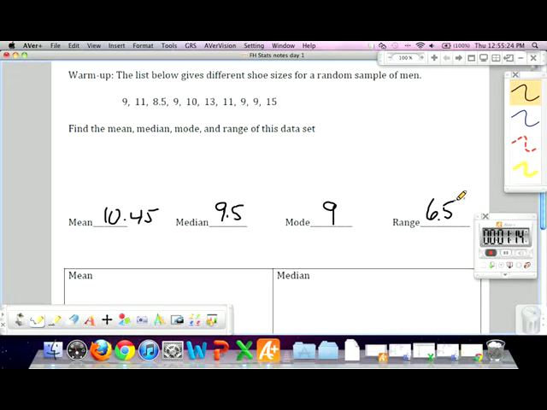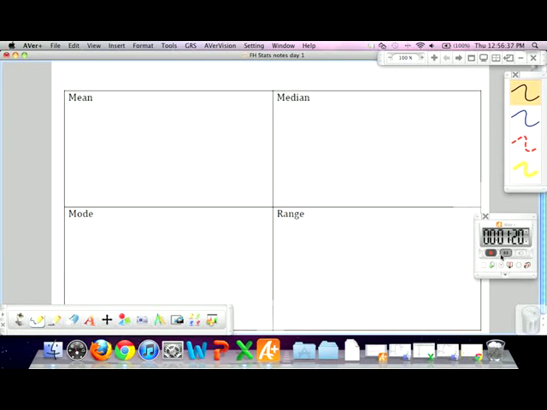This is the four numbers that go along with this data as far as central tendency and a review of statistics. Kenny, did you have a question? For the mean, we said, is the average of the data. Do we need a reminder of how to calculate the average?